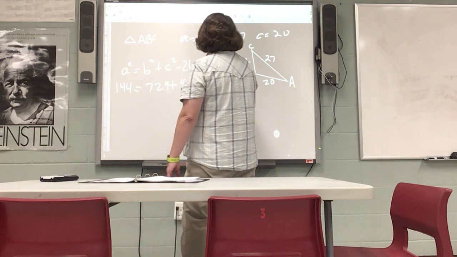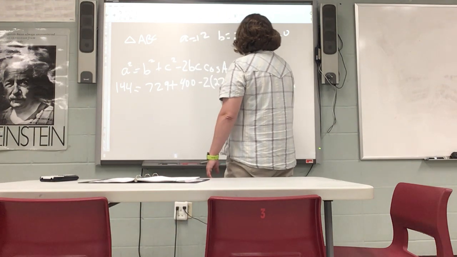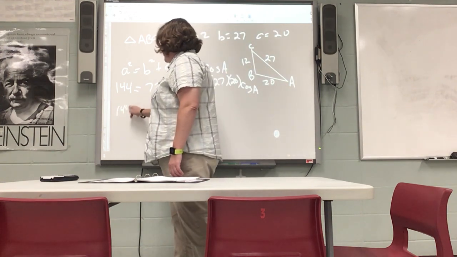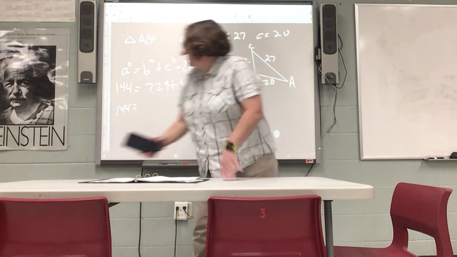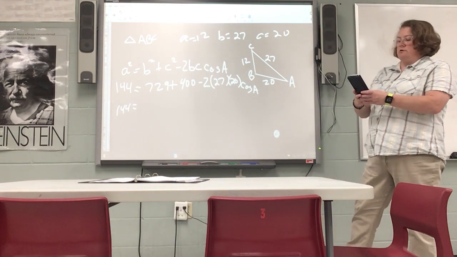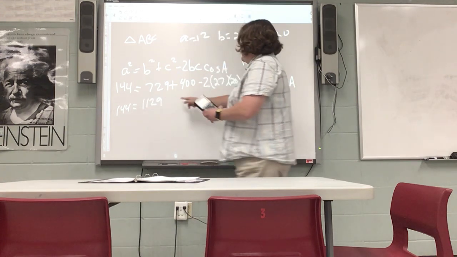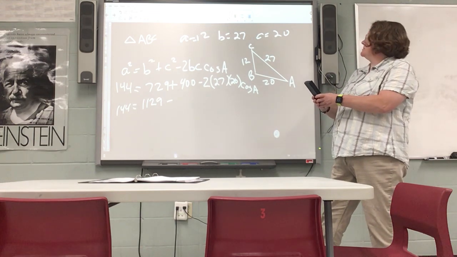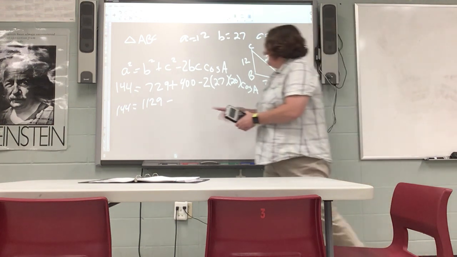Minus 2 times 27 times 20 cosine A. Okay, so I'm going to simplify. I'm going to do 729 plus 400. It gets me 1129. Now minus 2 times 27 times 20 gets me 1080.